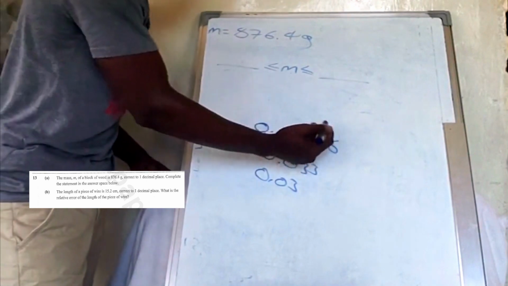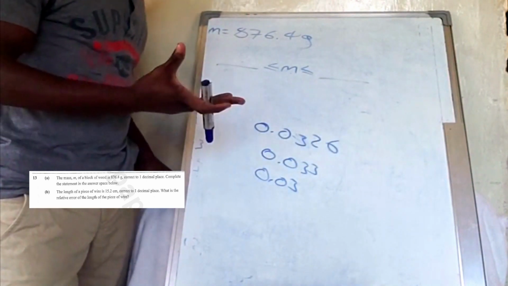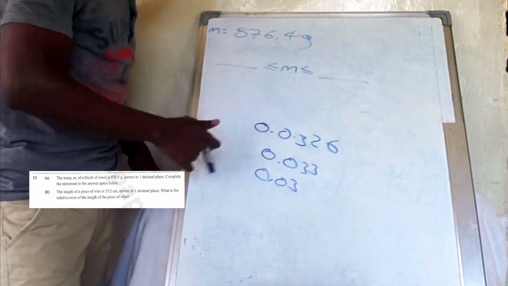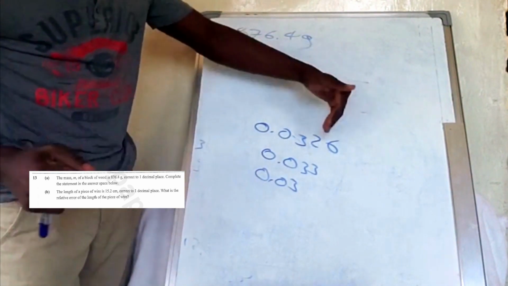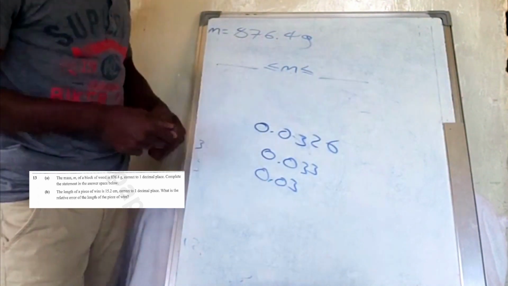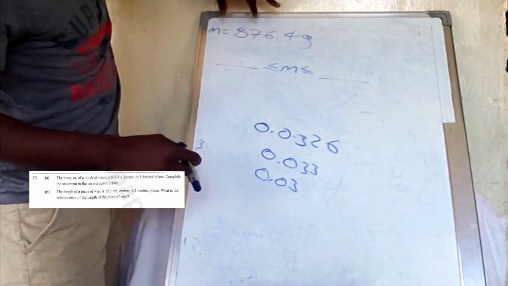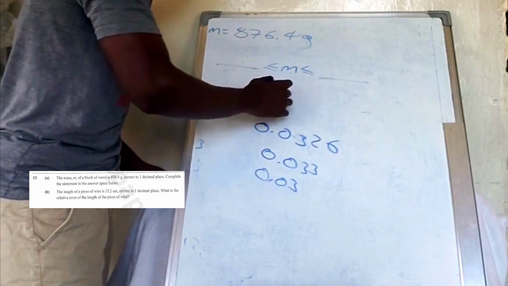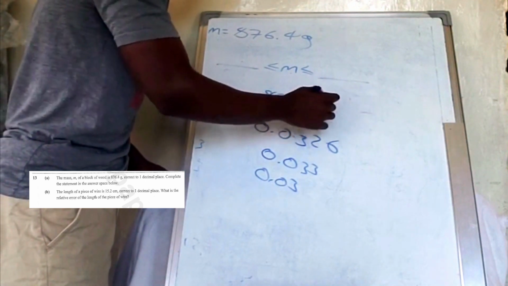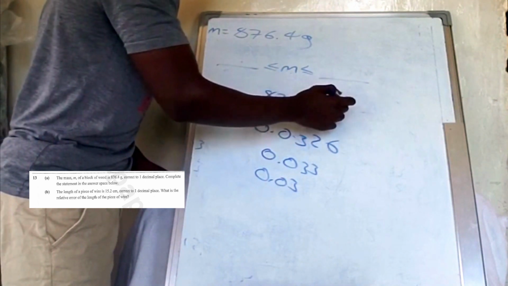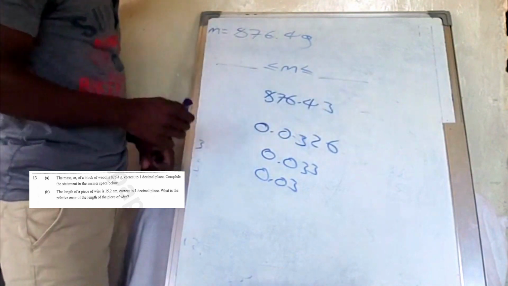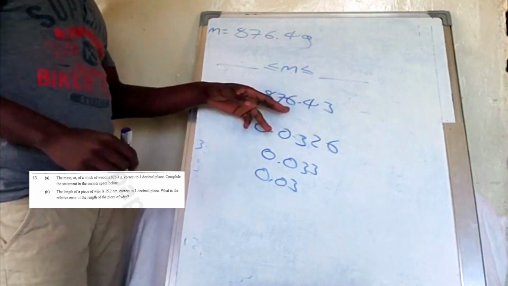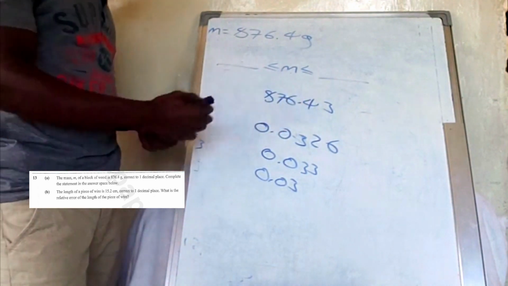But if the number that is being cut off is 5 or greater, then we would have to increase the last figure that we're going to have by a value of 1. So in the same vein, we've got 876.4. So you can assume this was 876.43. If we round it off, this will give us 876.4.